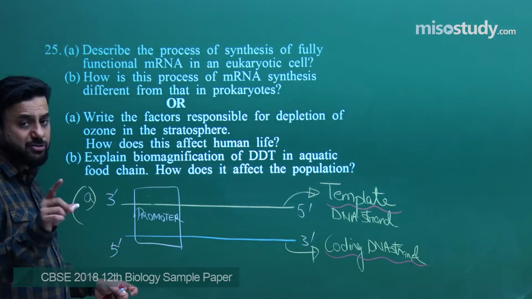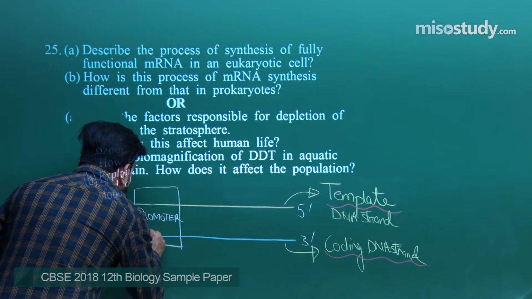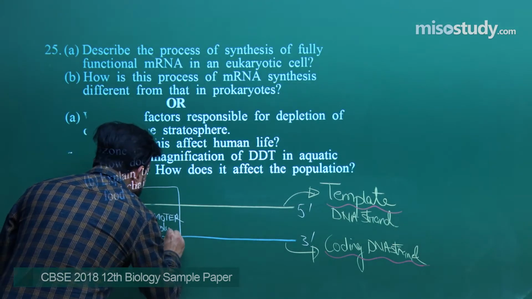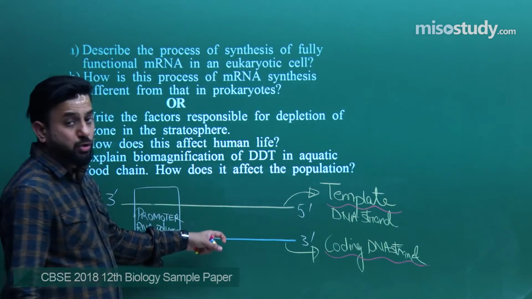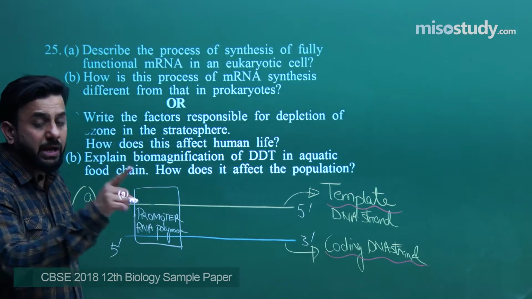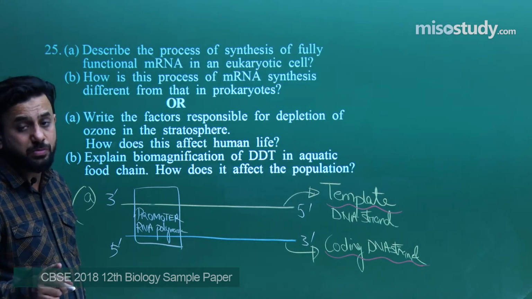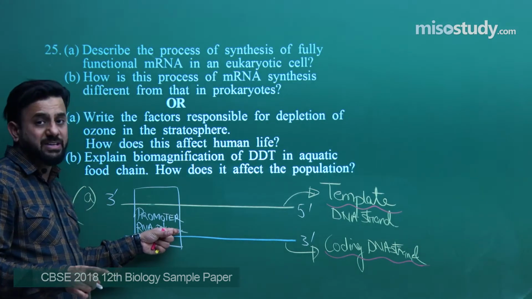To start there has to be an enzyme called RNA polymerase. Why RNA polymerase? Because as I told you in the central dogma, from the DNA the messenger RNA has to be formed. So to form the mRNA, an enzyme called RNA polymerase has to be there.